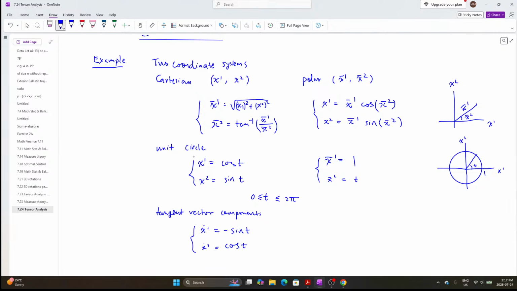That's the tangent vector components in the Cartesian coordinates. And now let's do the same differentiation. x1 bar dot is 0, and x2 bar dot is 1.